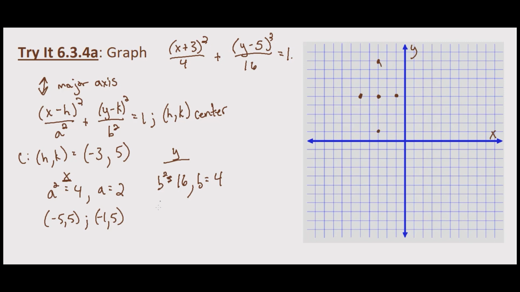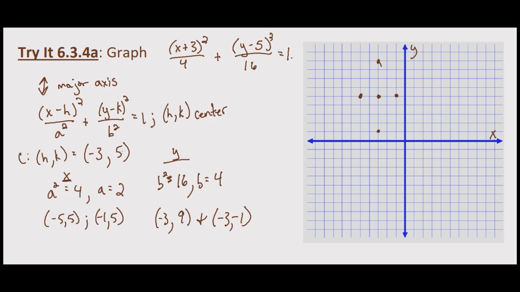So we know the major axis vertices are at negative 3, 9, and negative 3, 1. And again, we're just adding and subtracting b from the y value of our center.